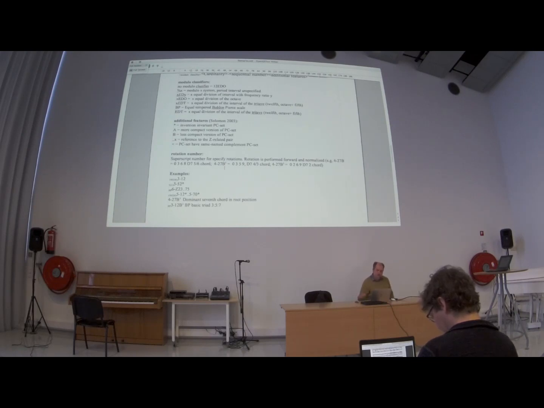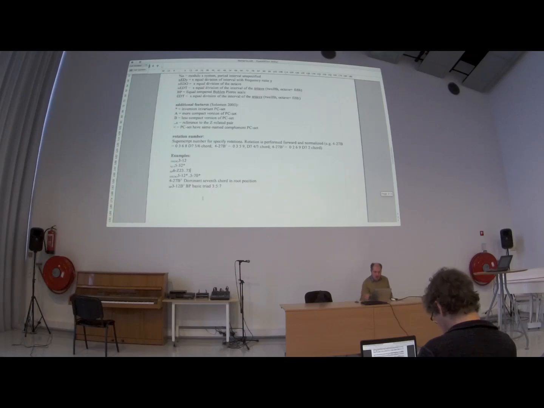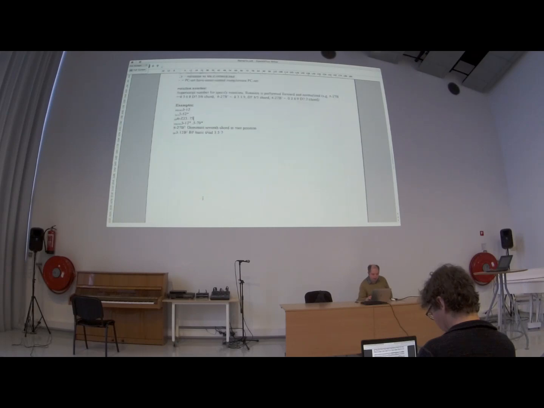We have talked about modulo 13 systems, but it could be Bohlen-Pierce, or even EDO 13 or some other scale in another framework, depending on what we want to describe. Of course, EDO 13 pitch classes will not be found completely as Bohlen-Pierce pitch classes, but this is my proposal how to specify pitch classes for a microtonal context.